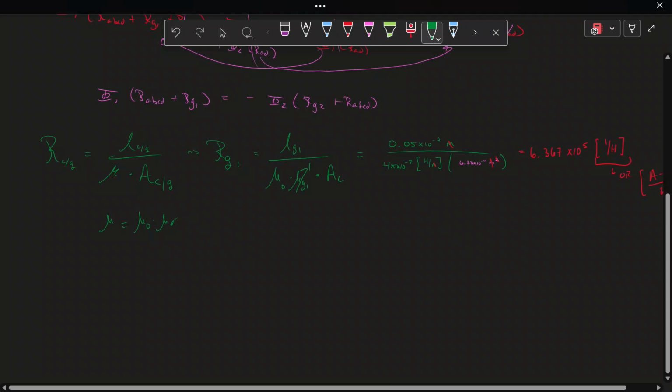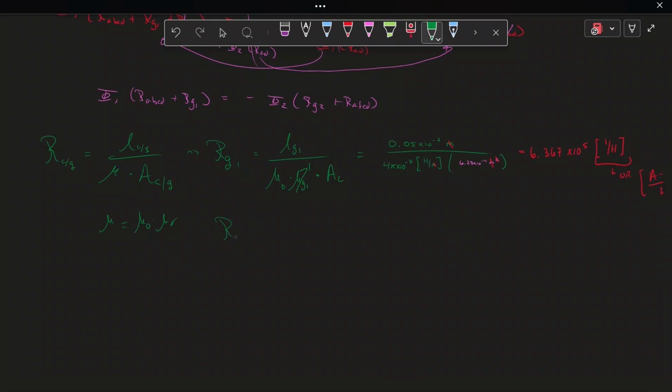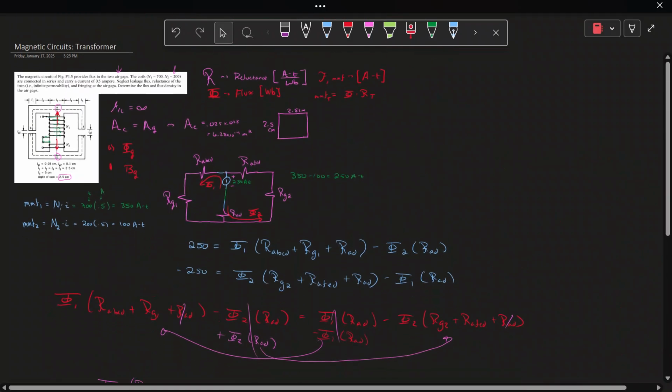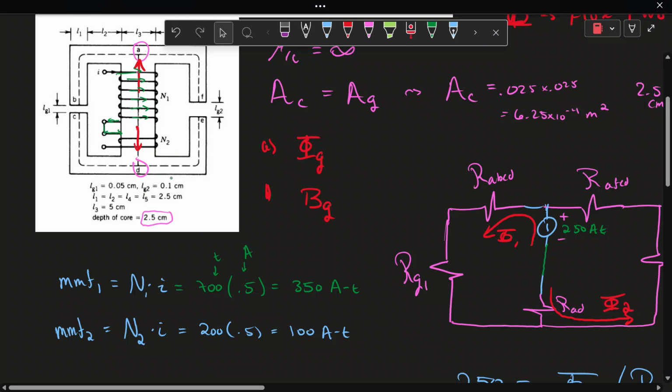Well, it's going to be very easy to find air gap 2 because we know the reluctance of air gap 2 is the same equation, except we change out our variables for air gap 2. So we have the length of air gap 2, mu naught, because again, it's the same thing, times the area of the core. So we can copy this other stuff. Okay, what is the length of air gap 2? Well, we see here it's going to be 0.1 centimeters.